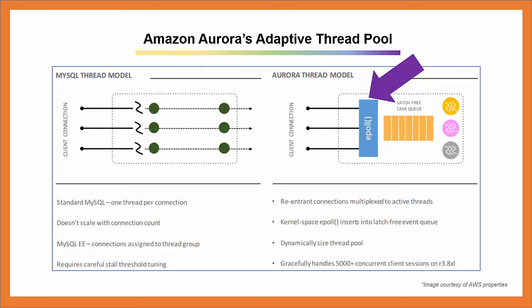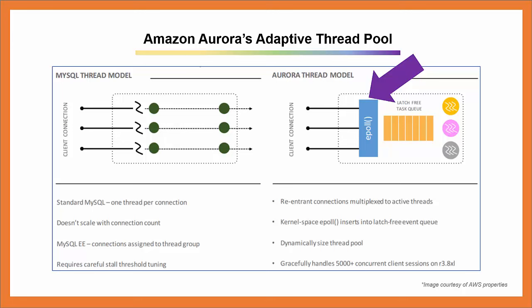If it sees a long-running connection, it'll add another thread to accommodate that. But it's kind of a workaround where it requires careful stall threshold tuning to add threads in the right places so there's not too many threads, which will burden the database, or not add enough threads, which will delay getting things processed.